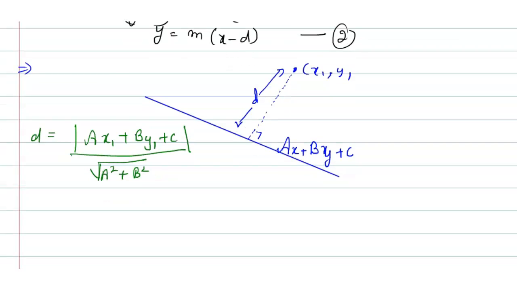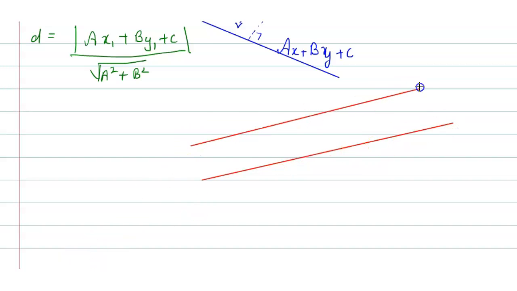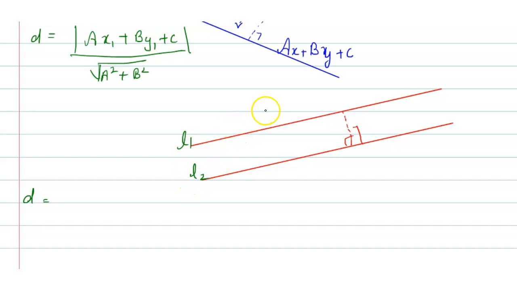In the second condition, if two lines are parallel, then find the distance between them. Here are two lines, and the distance is found perpendicular to each other. Let this one be line L1 with intercept c1, and this be line L2 with intercept c2.